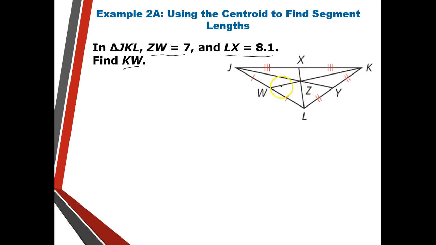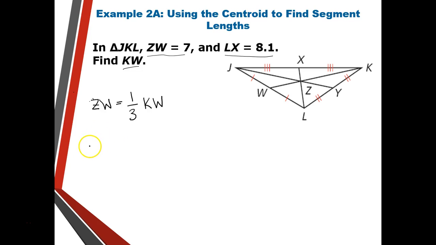So ZW right here. All right, so just like the last example, part B, we're going to figure this one out. So remember, ZW is equal to 1/3 KW. Or actually, you can do this either way.